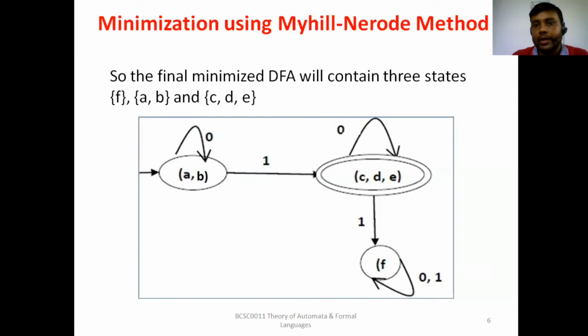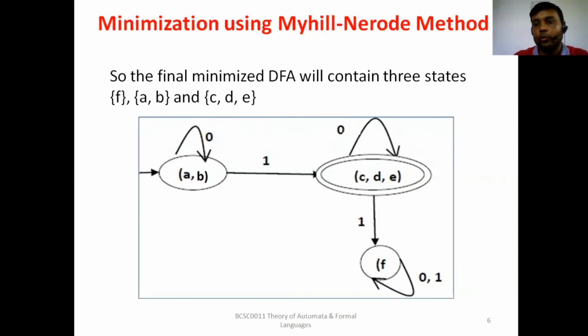So this is called the Myhill-Nerode theorem for DFA minimization, which consists of 4 steps. Let me revise it. The first step is we have to draw a table for each state pair. The second step is we have to mark the state pairs of which one state belongs to the set of final states and the other state belongs to the set of non-final states.